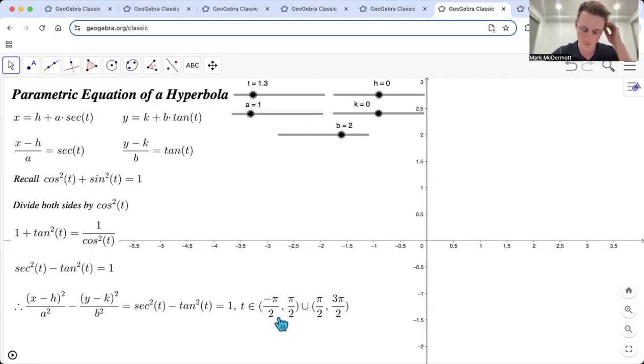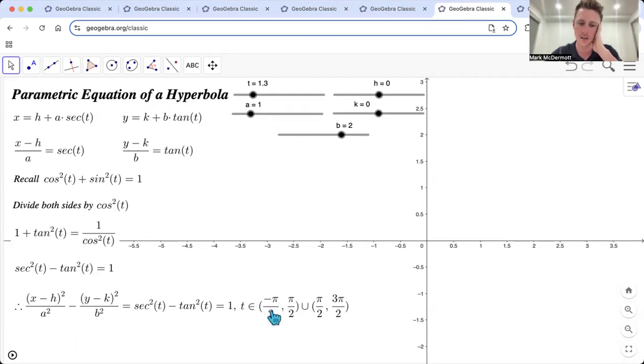Okay, we have a slightly different domain for t here. And the reason it's different is because we've got cos squared t in the denominator. And we know, hopefully, from circular functions that cosine of pi on 2 is 0, and 1 divided by 0 is undefined.